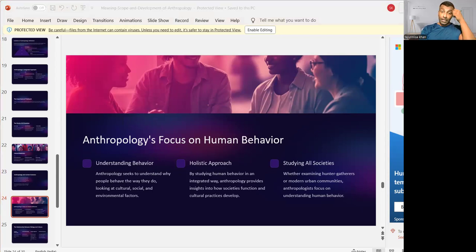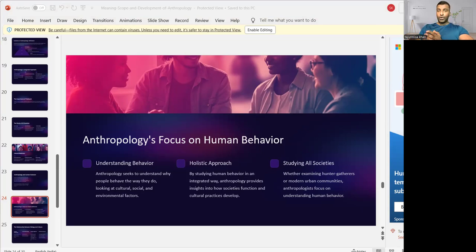So anthropology is deeply concerned with understanding human psychology or behavior, whether studying hunter-gatherer societies or modern urban communities. Anthropologists seek to understand why people behave the way they do. We discussed the same slide before also. And this focus on behavior sets anthropology apart from other disciplines, as it looks not just at what people do, but at the cultural, social, and environmental factors that influence their actions also.